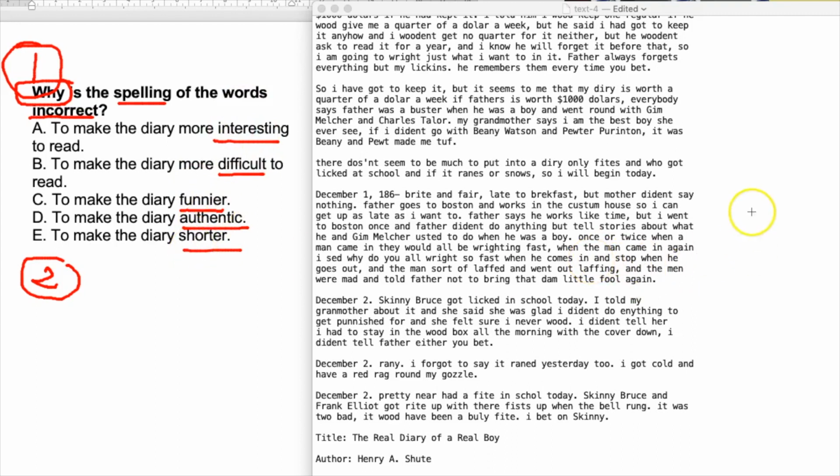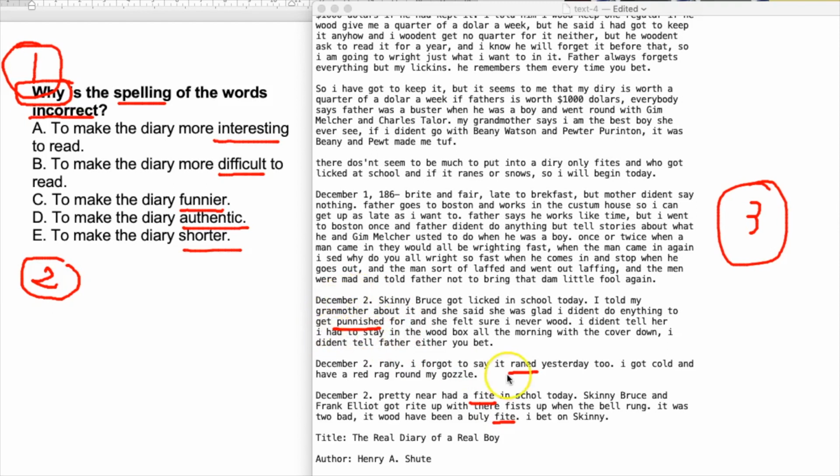And in the text, this is step 3, I look for the incorrect spelling so I can find out why they've done it, or figure out why. And this is where inference comes in. So you can see here, punished, rained, fight. So there's a spelling mistake in nearly every sentence. But when you look at the spelling mistakes, you can see punished.